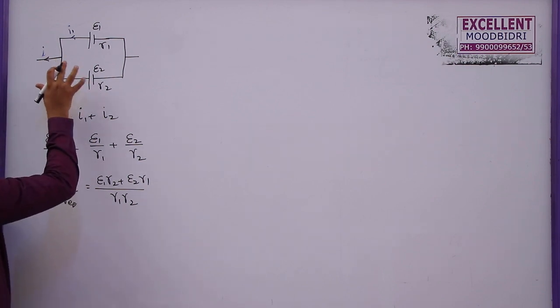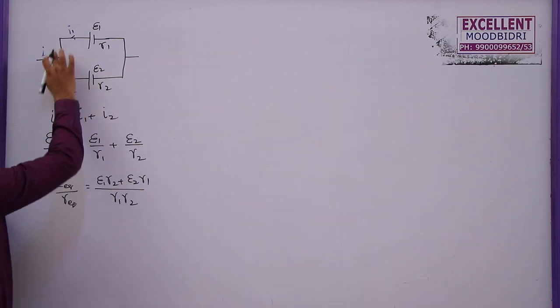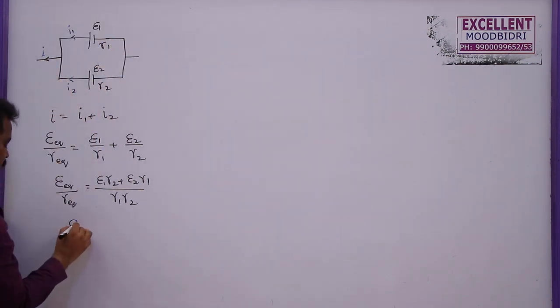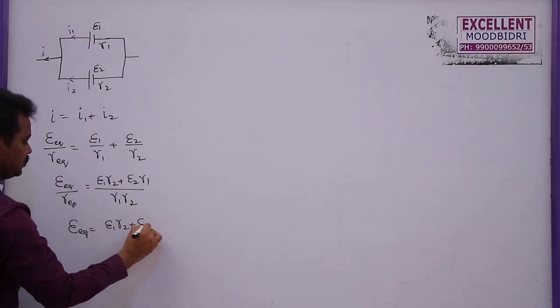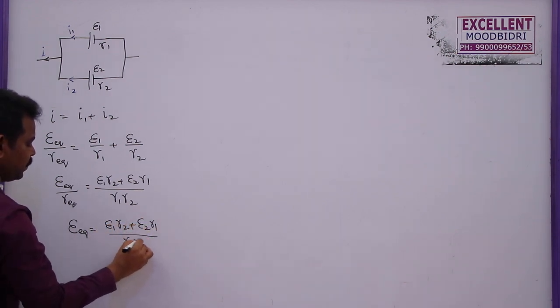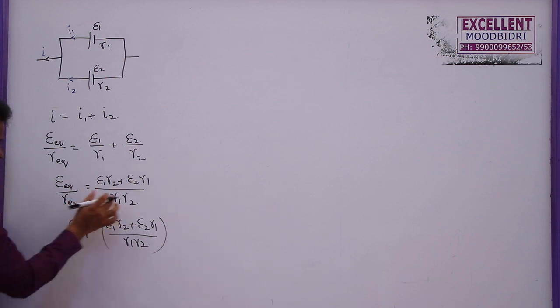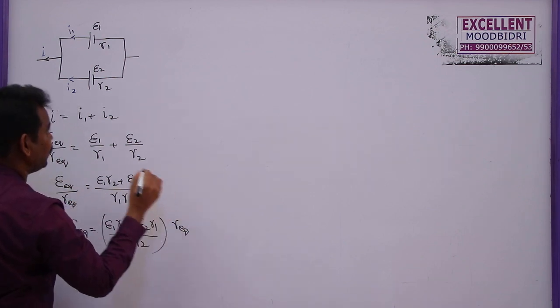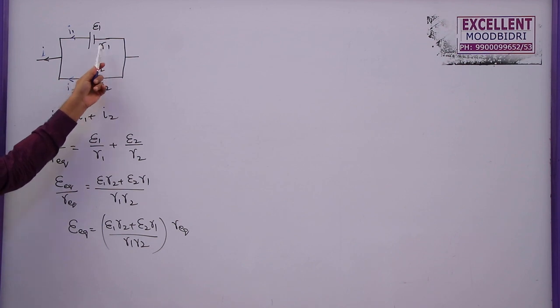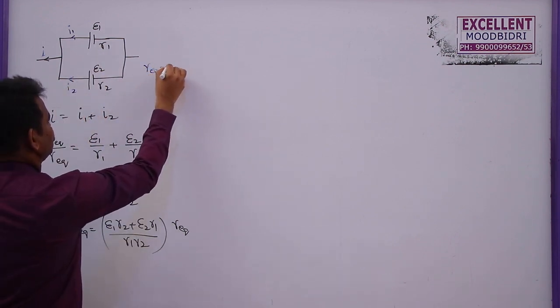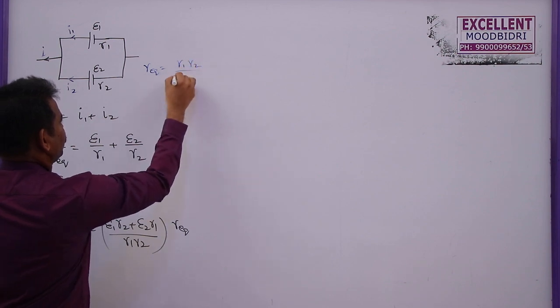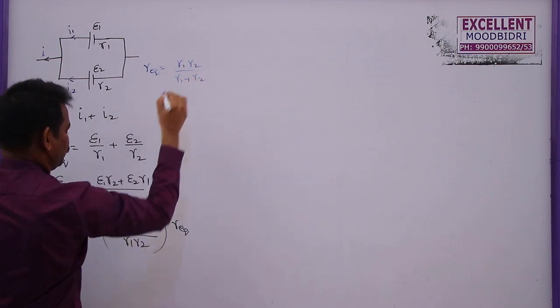So the equivalent EMF of this combination is E equivalent equals E1 R2 plus E2 R1 by R1 R2, into R equivalent. What is R equivalent here? We know that these two are connected in parallel, so R equivalent is R1 R2 by R1 plus R2.